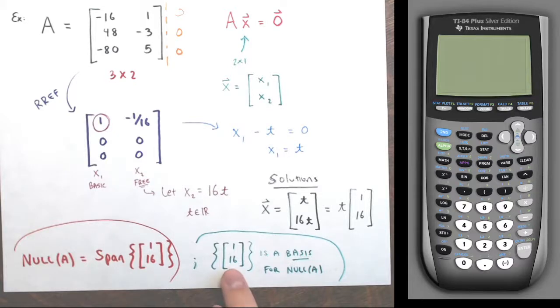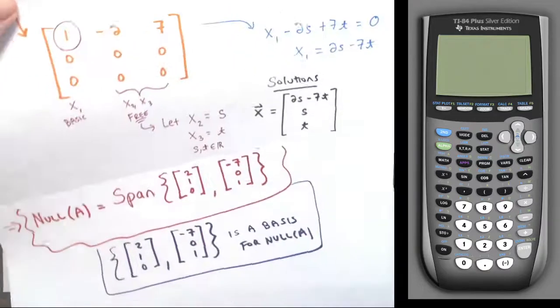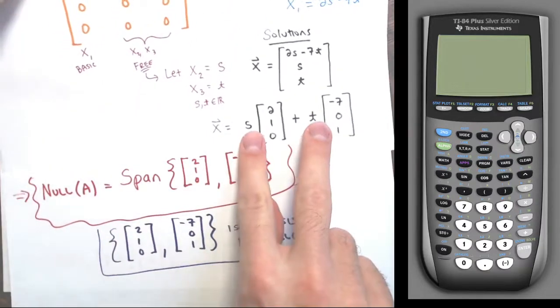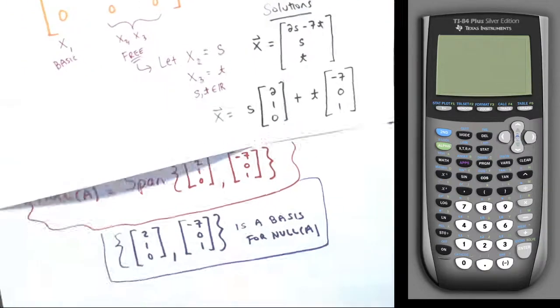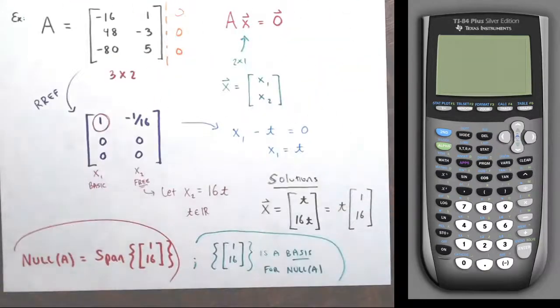There was one free variable, this t, in this example, and there's only one vector in the basis. In the last example, there were two free variables, s and t, and there were two vectors in a basis. So you'll see for these null space problems, the number of free variables corresponds to the number of vectors in a basis for the null space.